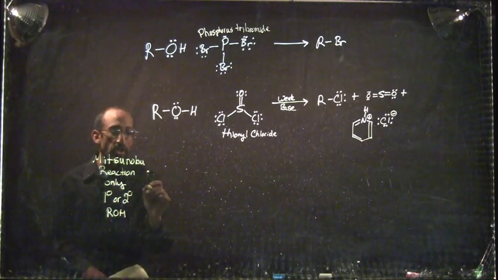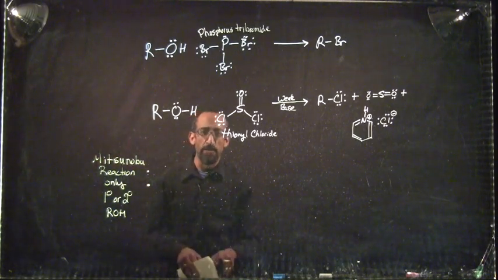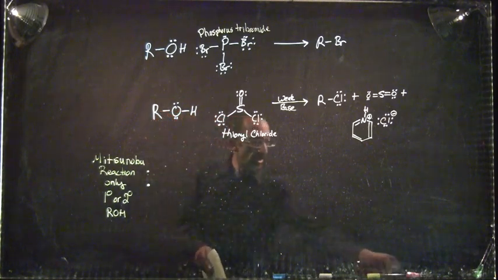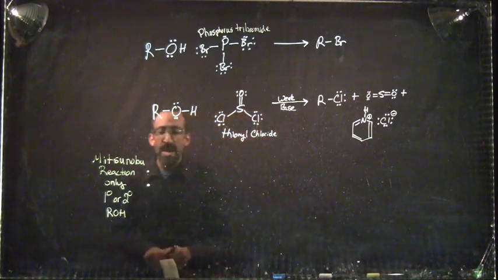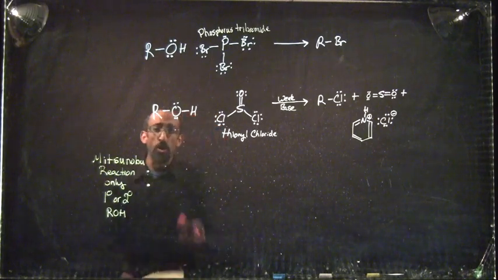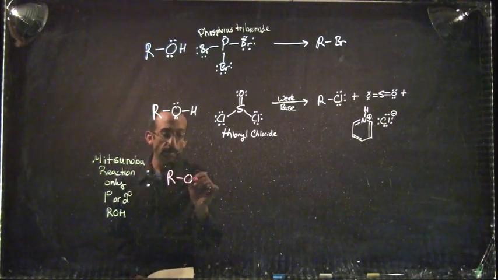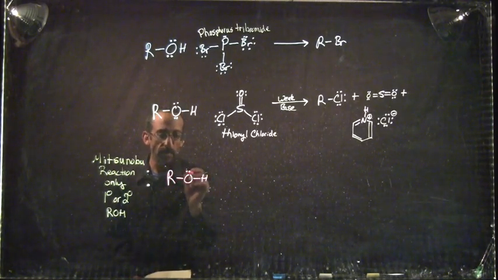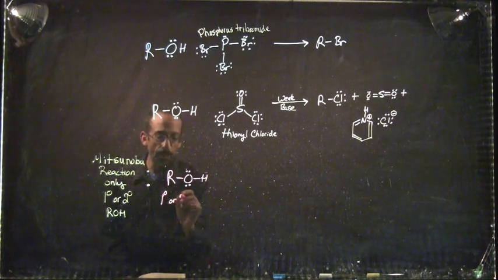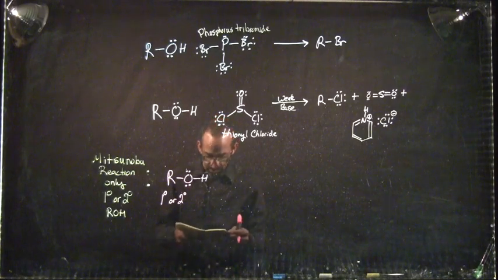I'm just going to show you the overall reaction scheme right now, and we're going to get into the mechanism in the topic 15, part 2 video lecture. So for the overall reaction, we begin with a primary or secondary alcohol. Again, this has to be primary or secondary. Tertiary alcohols do not participate in the Mitsunobu reaction.